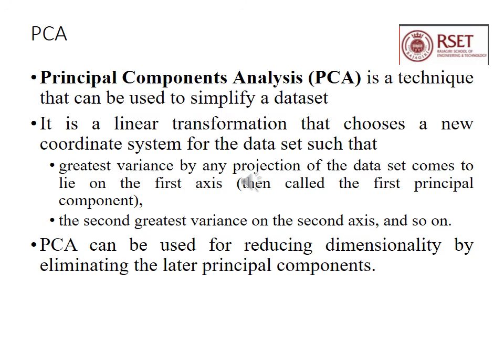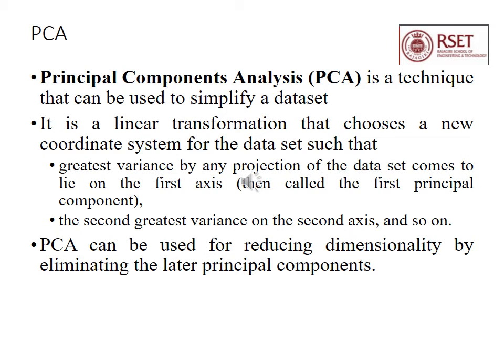Let's see what is meant by principal component analysis. Principal component analysis is a technique that can be used to simplify a data set, and it is a linear transformation that chooses a new coordinate system for the data set such that the greatest variance by any projection of the data set comes to lie on the first axis.